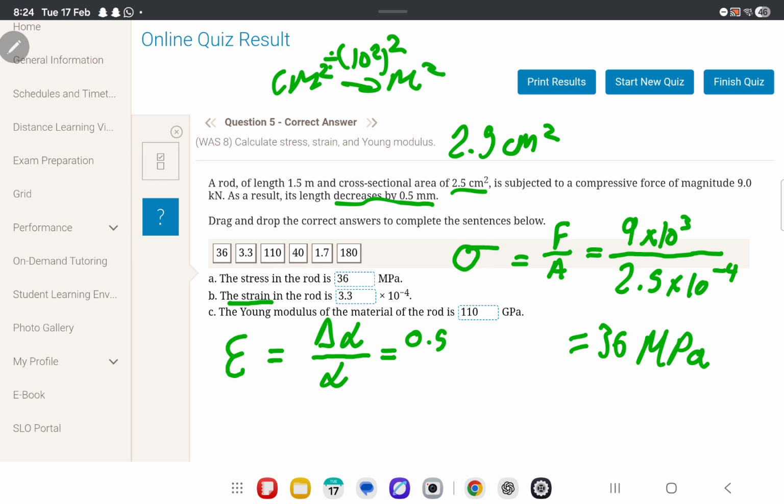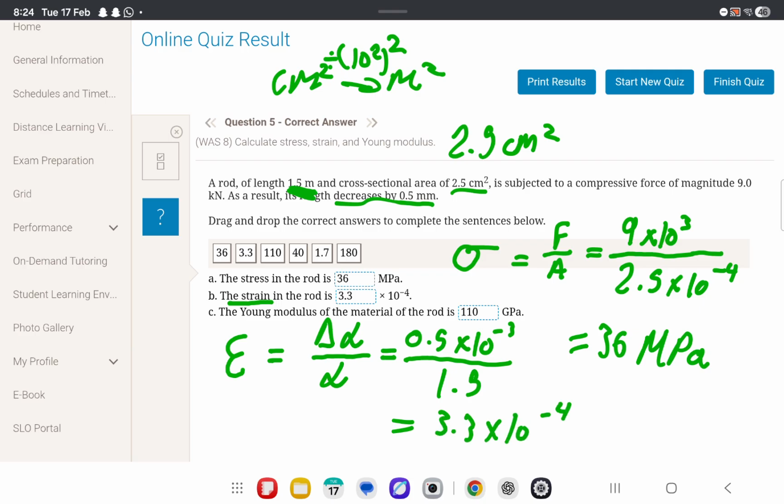So it's going to be 0.5 times 10 to the power of minus 3 over L, which is originally 1.5 meters, so over 1.5. Now, this gives you 3.3 times 10 to the power of minus 4.